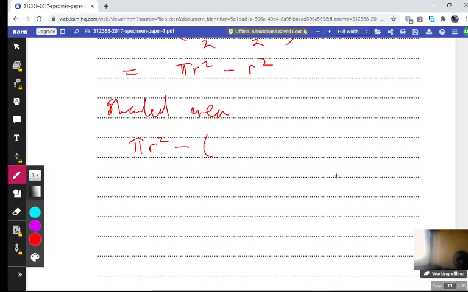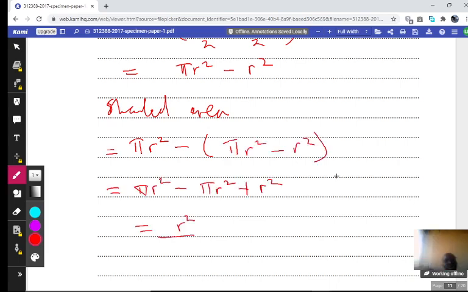If we simplify, removing the bracket, it's pi r squared minus pi r squared, then plus r squared. Pi r squared simplifies to 0, so the answer left is just r squared. That will be the area of the shaded part, right? Then you are done.